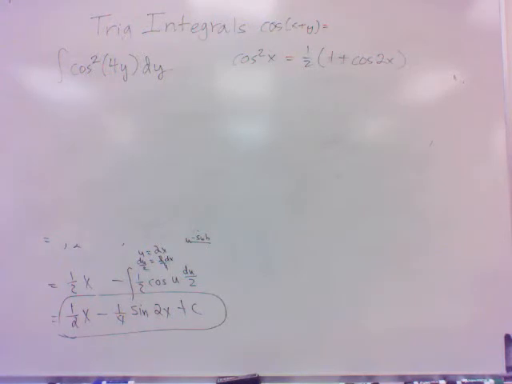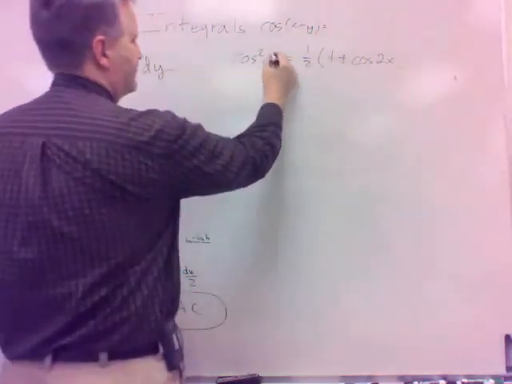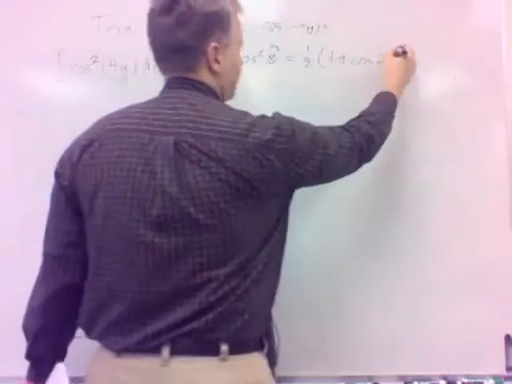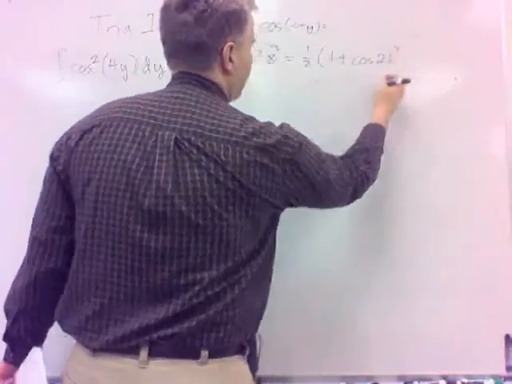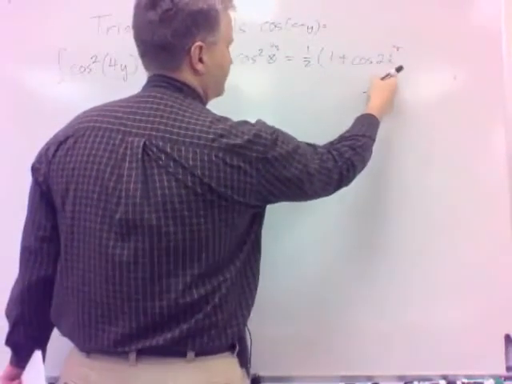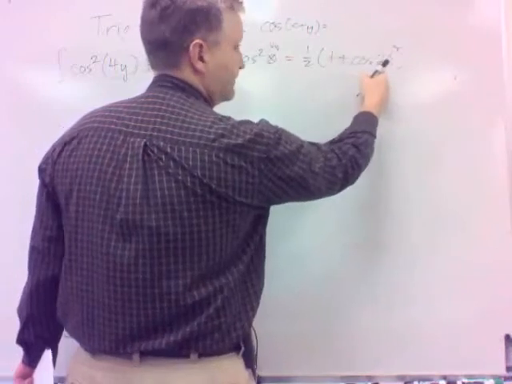However, I have another thing: I don't have cosine squared x, I have cosine squared 4y. I wouldn't even go to substitution. Let's just substitute. Instead of x, I substitute 4y. So instead of 1 plus cosine 2x, it'll be 1 plus cosine 8y.